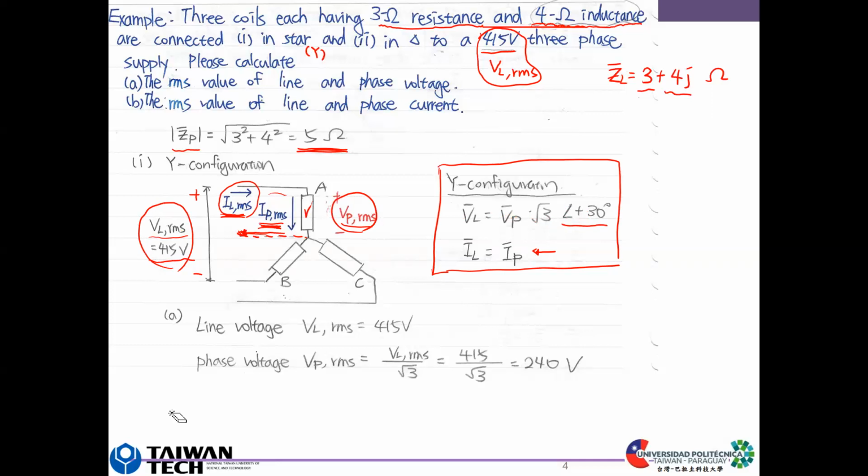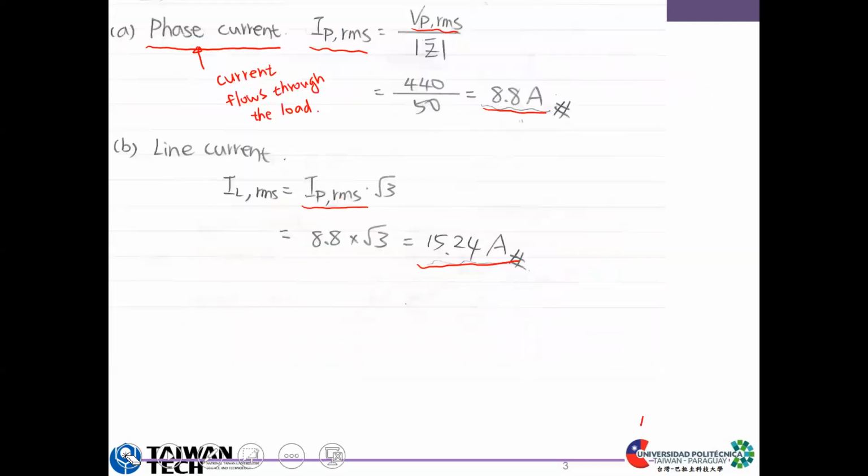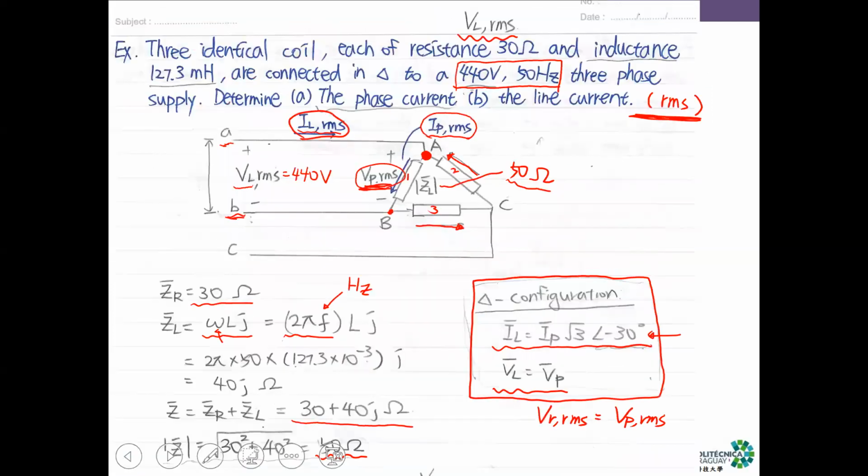And if we go back to look at the delta configuration, you will find that for delta configuration, VL and VP are the same. The phase current and the line current are different, and the line current is larger.